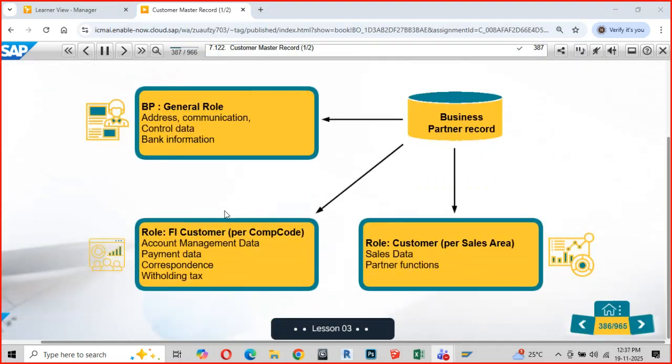So all these slides we have already covered, and I have converted all this theoretical information into your practical SAP. Yeah. So you have your hands full of activities to be done.